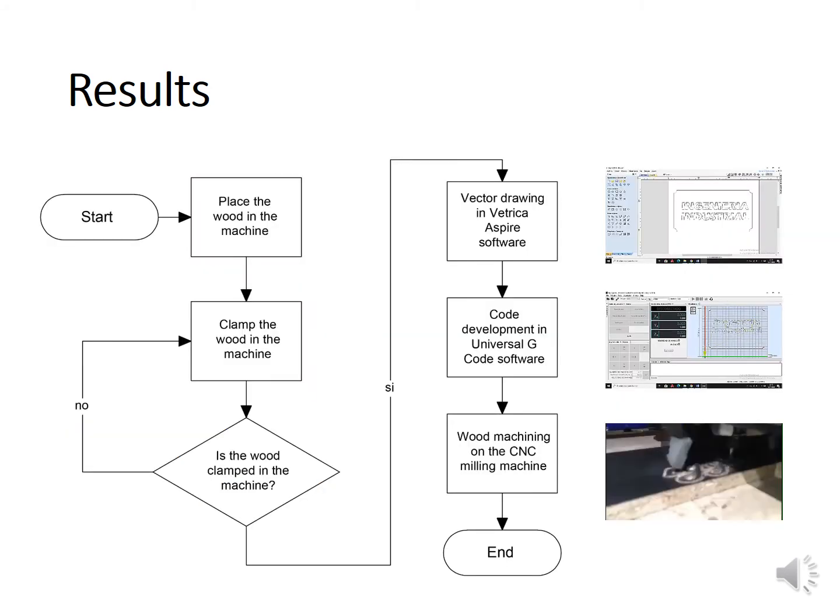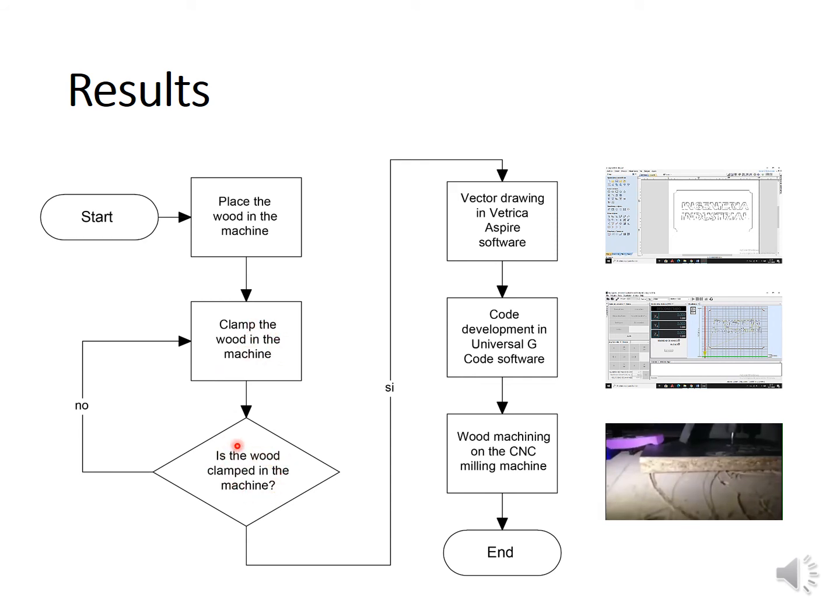The milling stage includes 3 preparation steps. You can see here the placement of the wood in the machine, clamping the wood, and in this part checking the clamp.